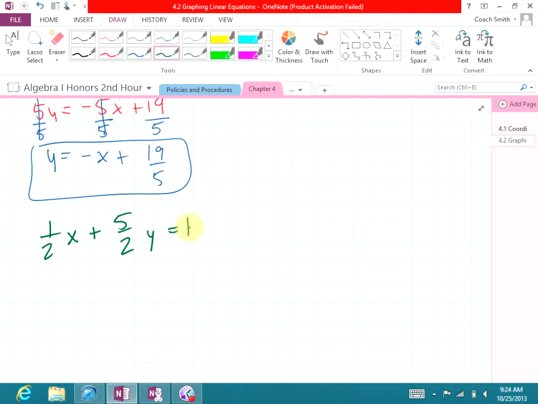Now, I'm going to take this over here. So that gives me a positive here, a negative on this side. So that gives me 5 over 2y equals negative 1/2 x plus 1.